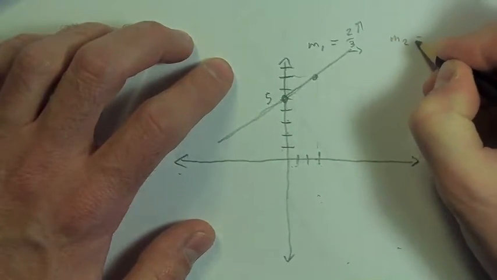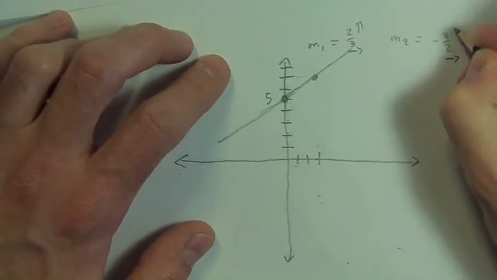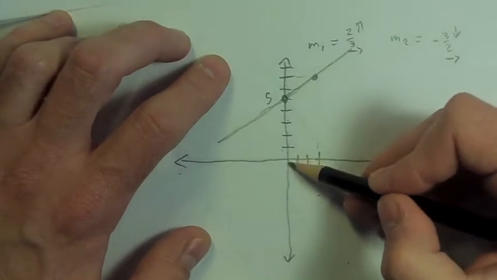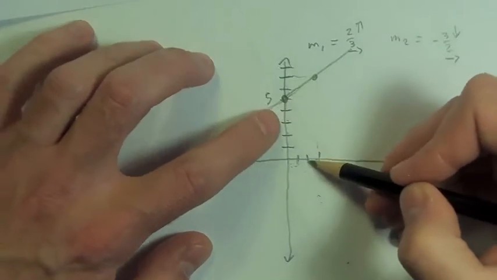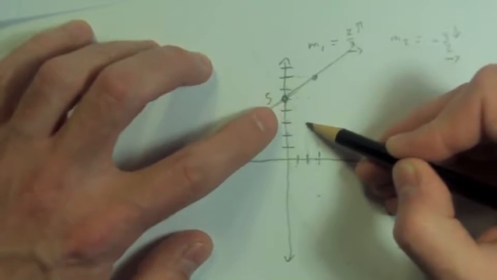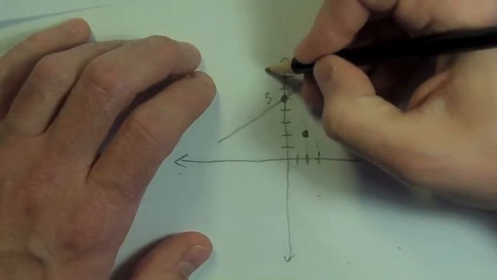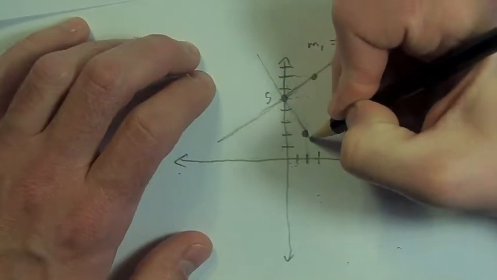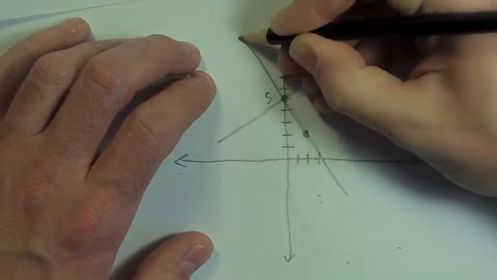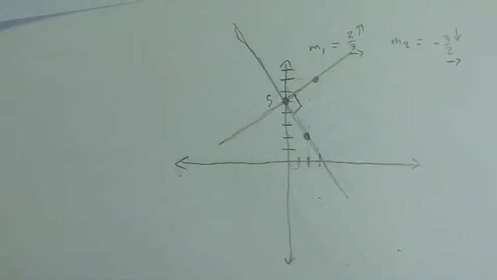For our second slope, we have -3/2. So when we go out 2, we're going to go down 3. So from left to right, we go out 2, then down 3. So out 1, 2, down 1, 2, 3, to this point. And we can see that the lines we just drew, even though I'm not on a perfect grid, are in fact perpendicular.